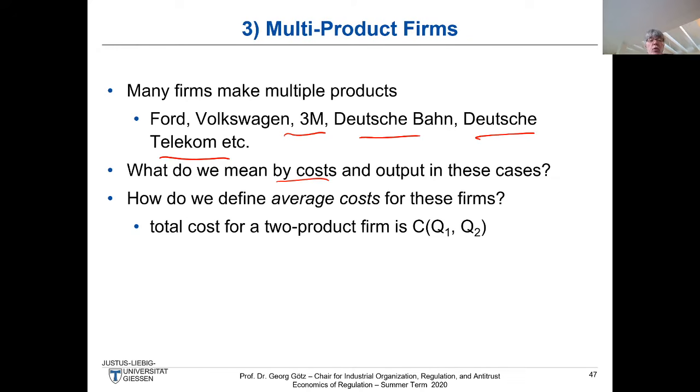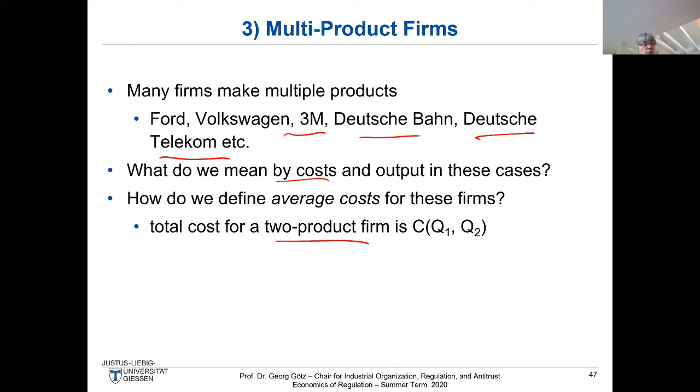What is the average cost of a car produced by Volkswagen? And that's what we are going to look into right now, first of all economies of scale for multi-product firms. What is rather straightforward is to estimate or measure the total cost for a two-product firm.